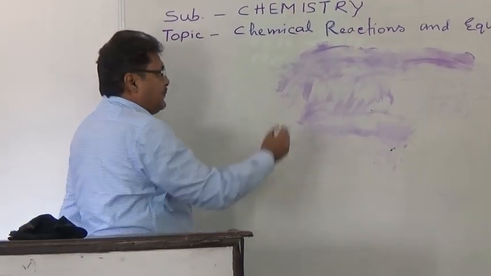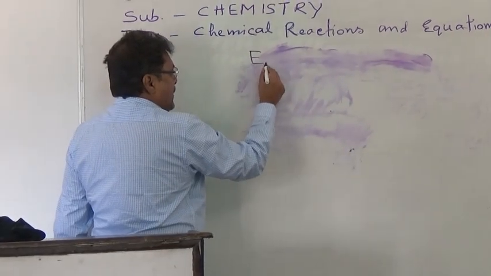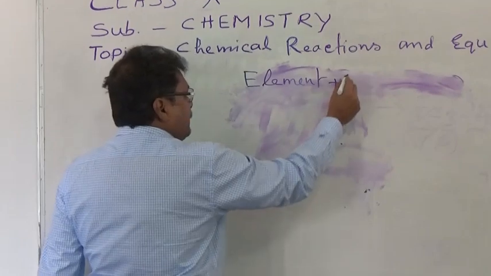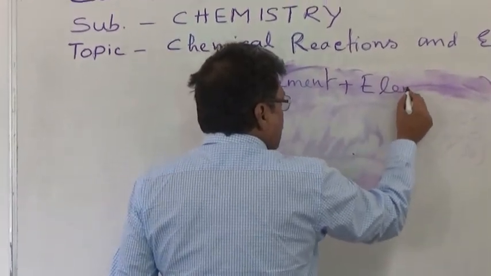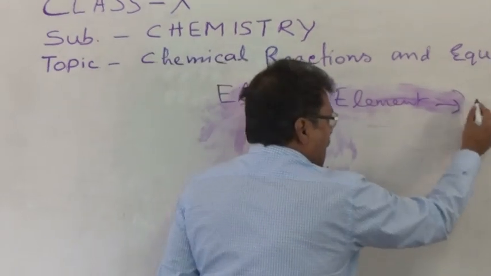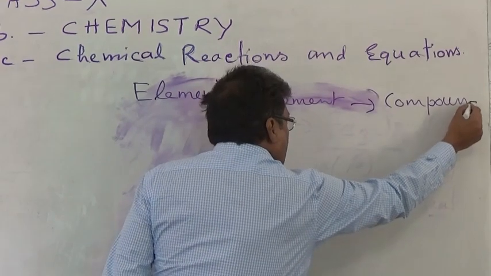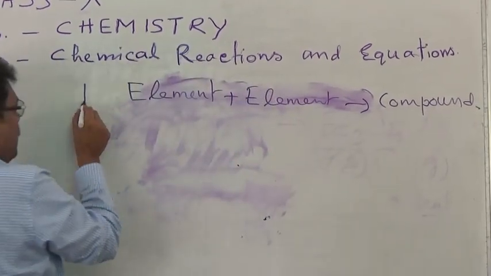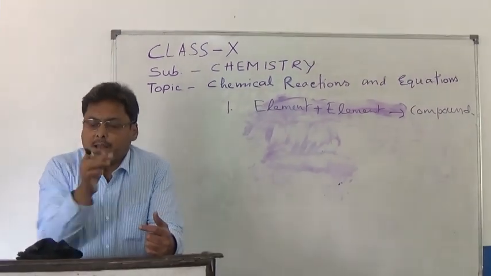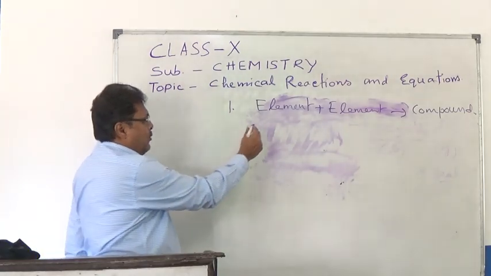We can mix up, like we said, two or more elements and produce a compound. This is the first kind of chemical reaction. One example is that one I had already given you.